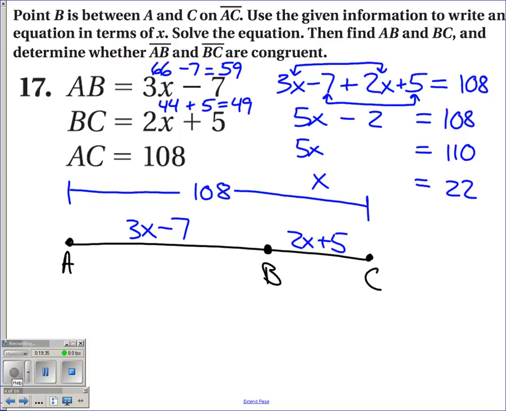So we found the lengths of both AB and BC. Are they congruent? No. The length of one is 59, the length of the other is 49. So the two segments are not congruent. B is not a midpoint.